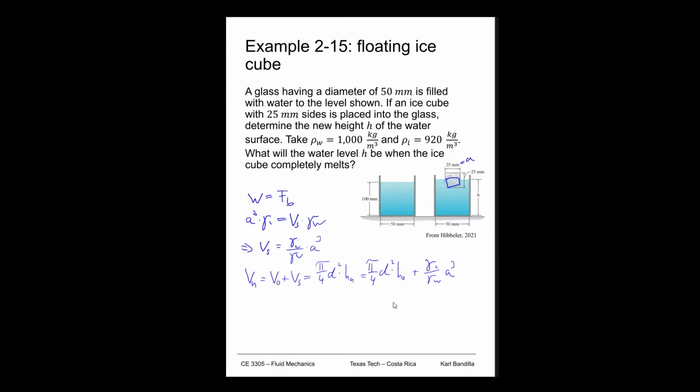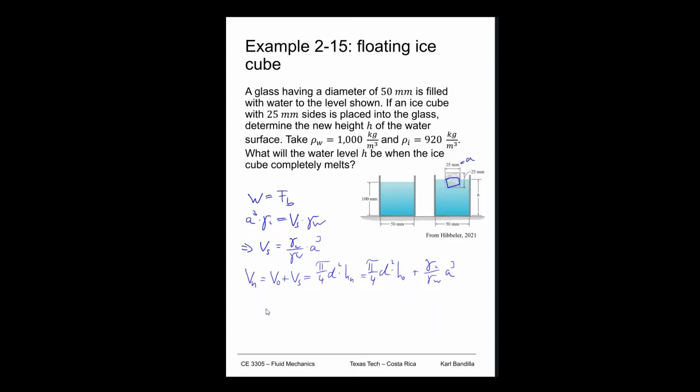Now let's look through here. The only thing that we don't know is our Hn. D is given, that's the 50 millimeters. H0 is given as the height here, 100 millimeters, and we're given the densities, but obviously we can get those from here. Might as well just make that change in our next step.